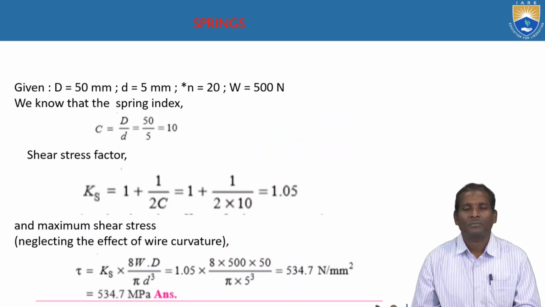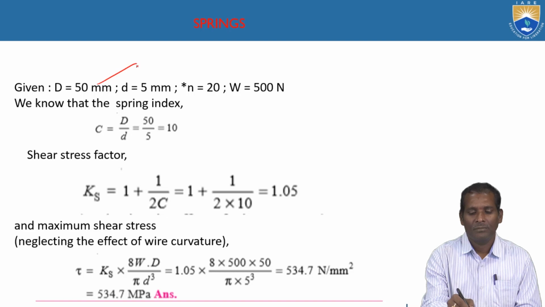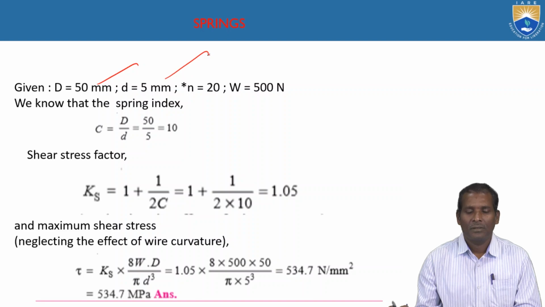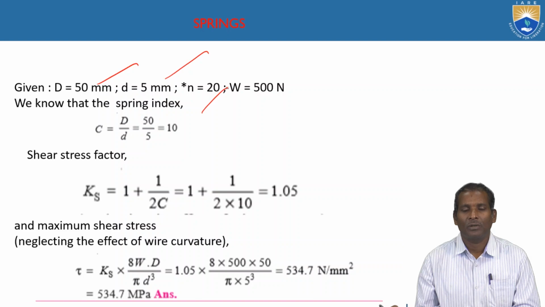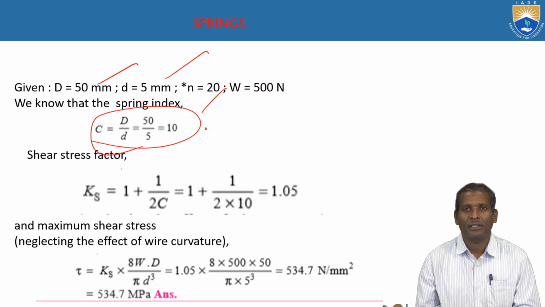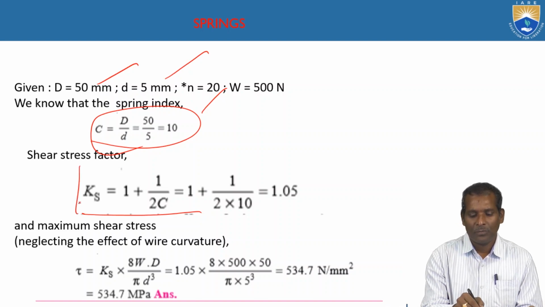Given data: mean coil diameter, wire diameter, total number of active coils, and W is the axial load. We know the spring index, so calculate the spring index C. The shear stress factor Ks is 1 plus 1 by 2C, an empirical relation.